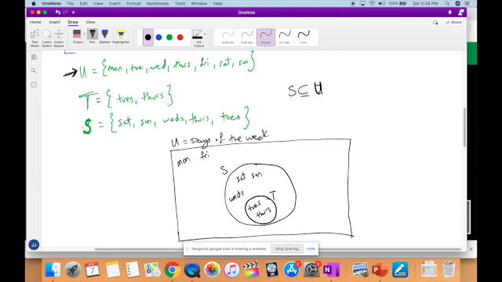S is a proper subset of U, and we'll talk about this proper subset thing just now. T is also a proper subset of S. Would you all agree? And we could also say that T is a proper subset of U as well. Would you all agree with that?